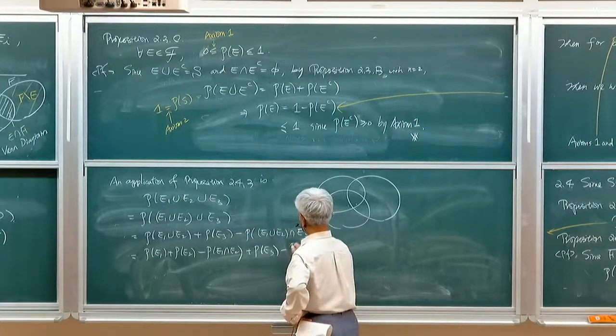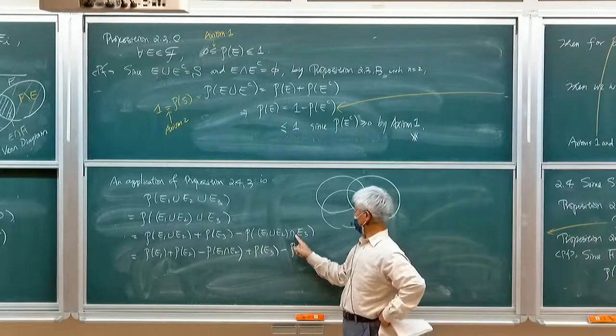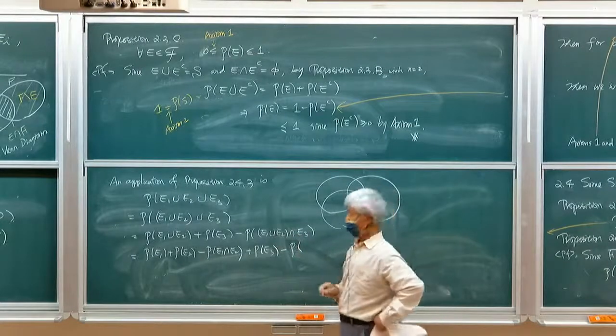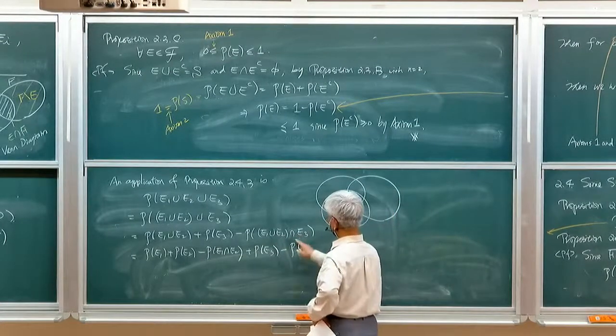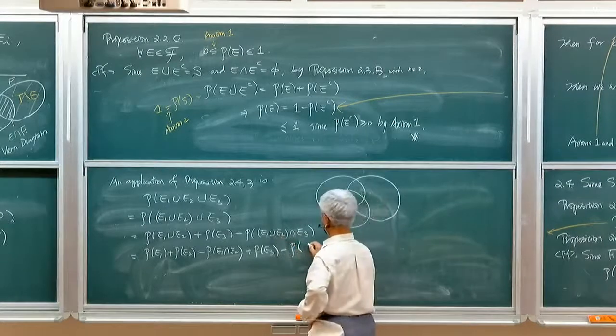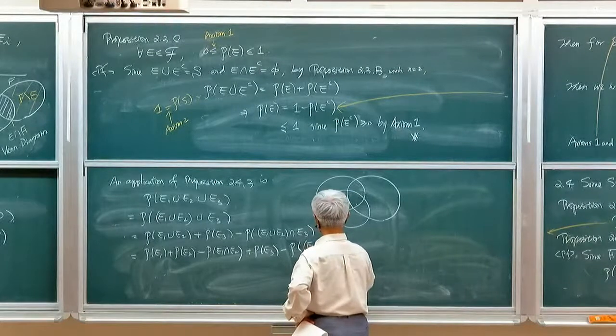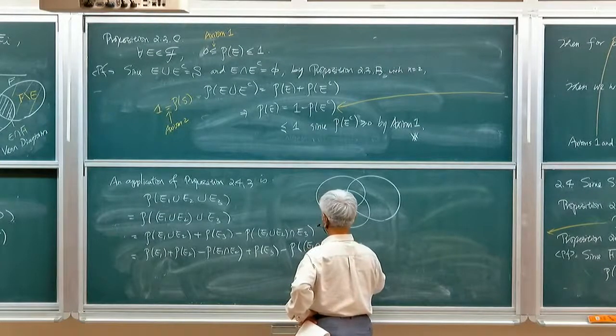Well, you use the distributive law of intersection to the union. So the distributive law of the intersection to the union is that this is E1 intersect with E3, union E2 intersect with E3.